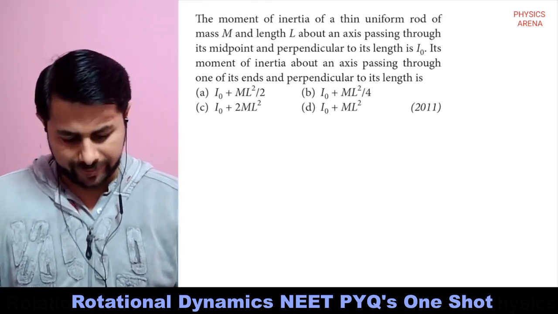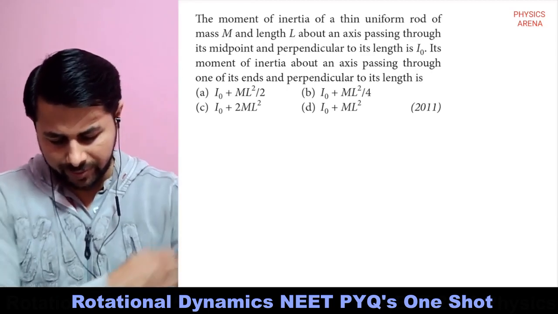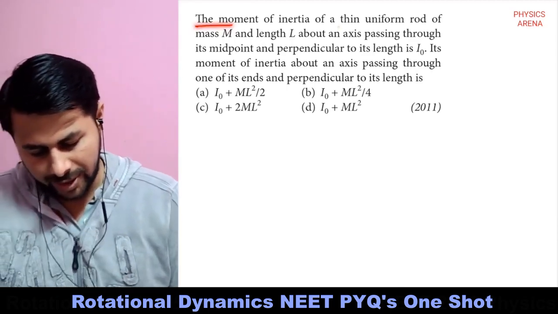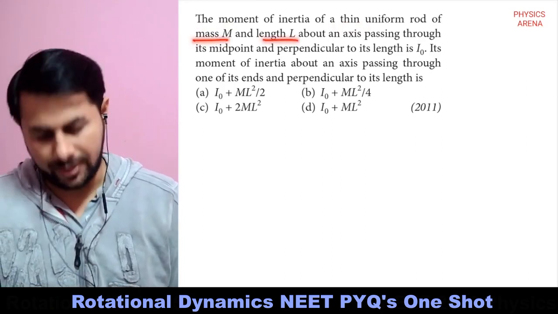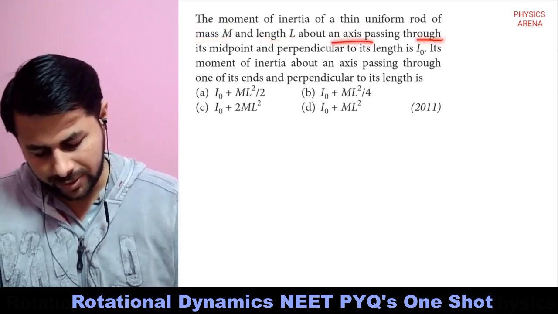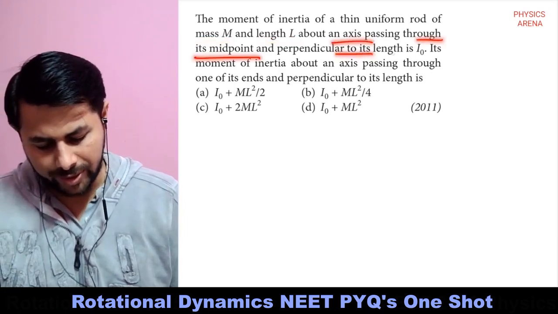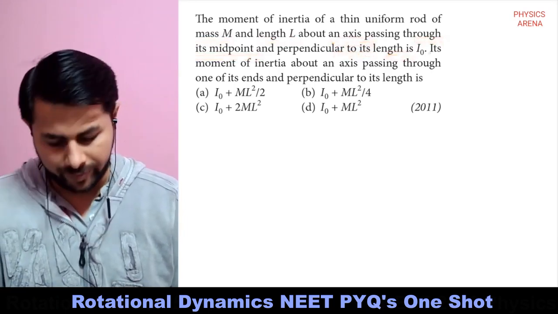All of them are simple. Okay, let's see one more. The moment of inertia of a thin uniform rod of mass m and length L about an axis passing through its midpoint and perpendicular to its length is IO.